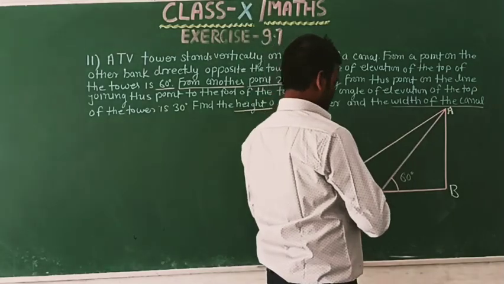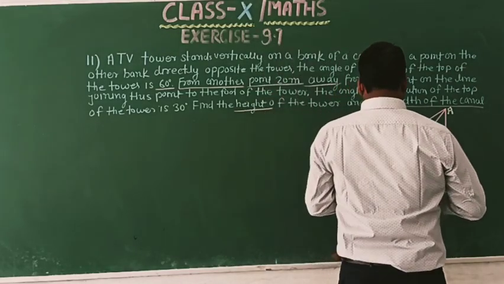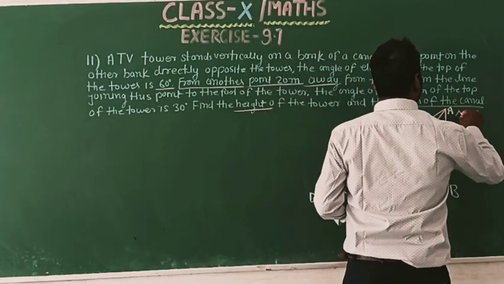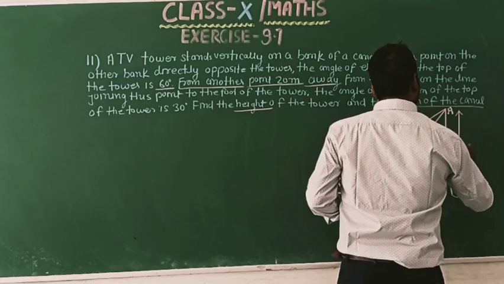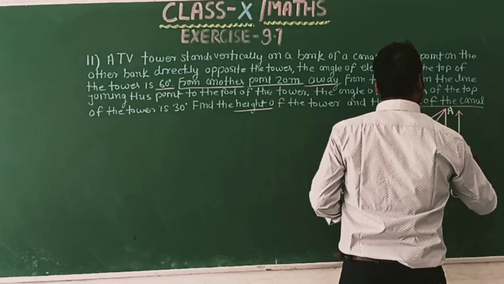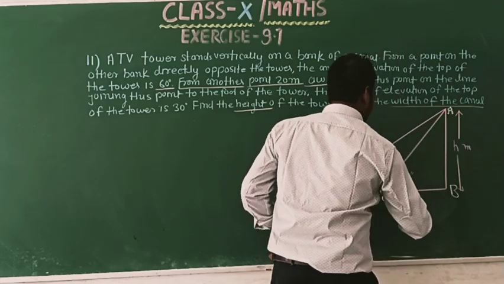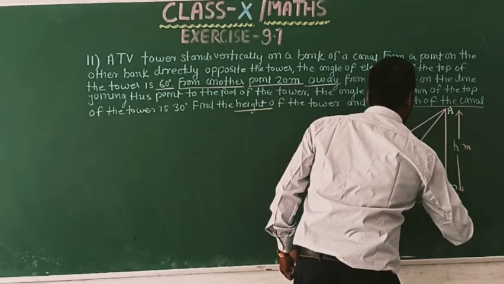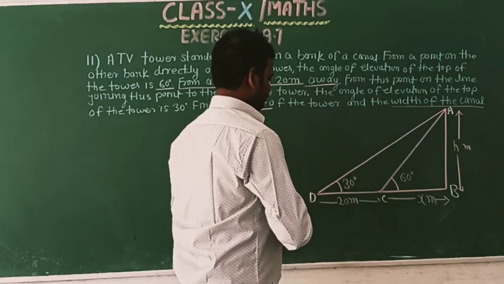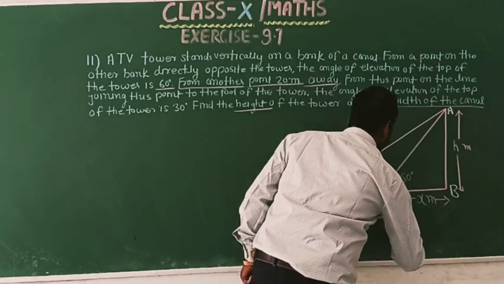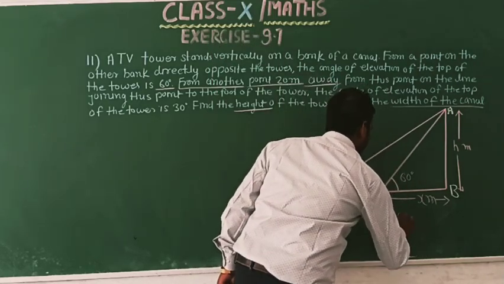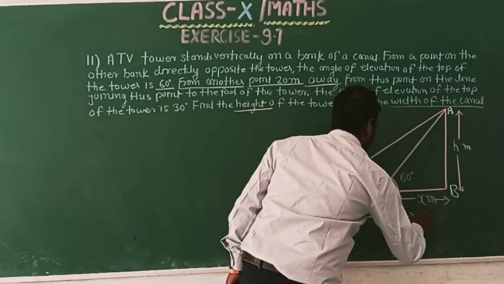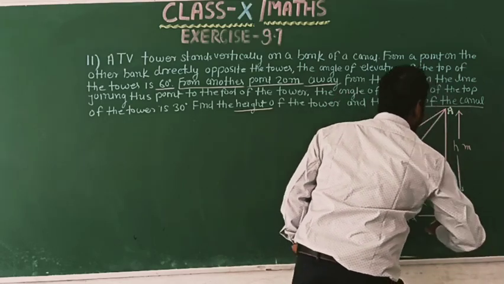So the height of the tower is h meter, and width of the canal is equal to x meter. The whole distance is 20 plus x meter.